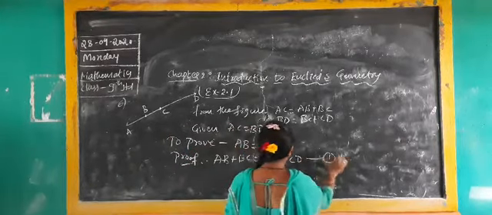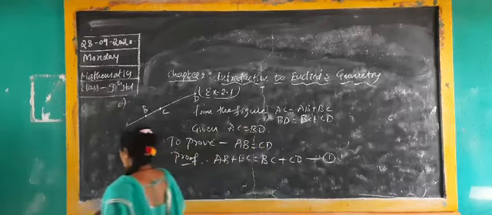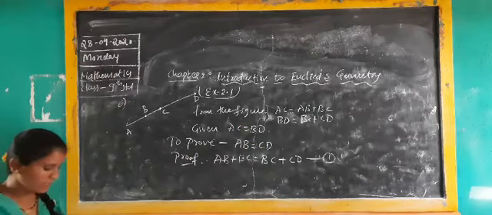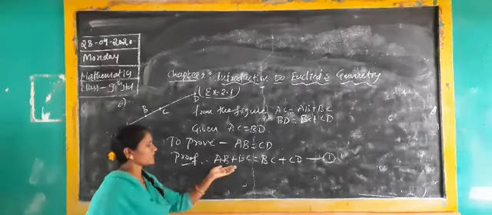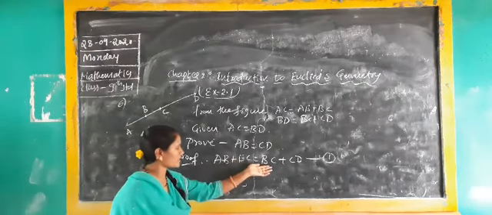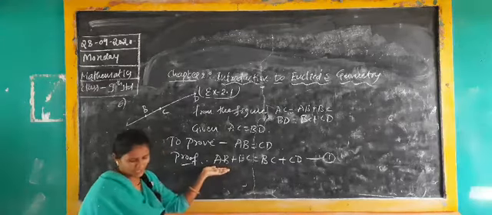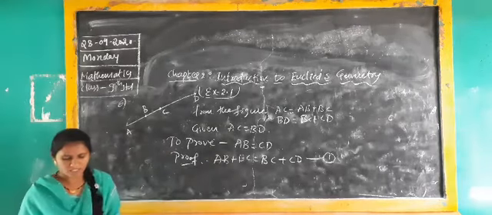Keep it as equation 1. Here, according to Euclid's axiom, when equals are subtracted from equals, the remainder is also equal. Since BC and BC are equal, AB is equal to CD. Okay, if equals are subtracted from equals, we get the remainder also equal.